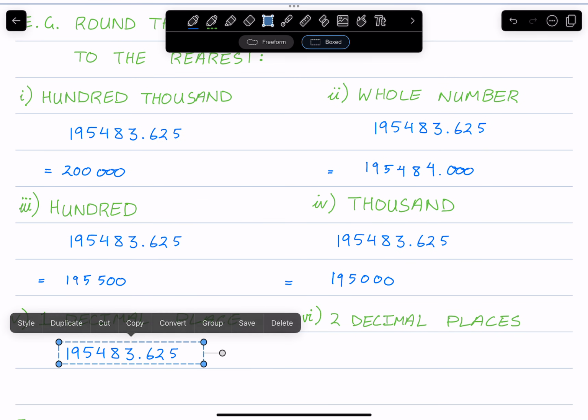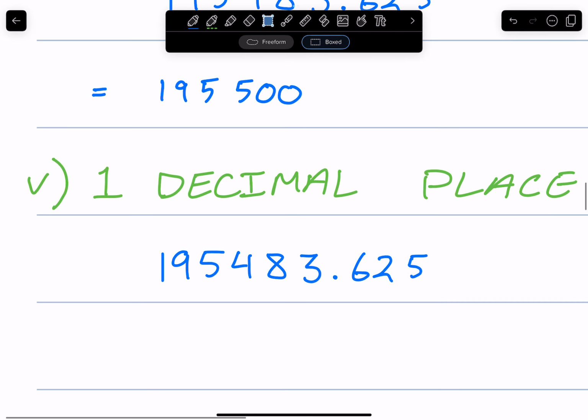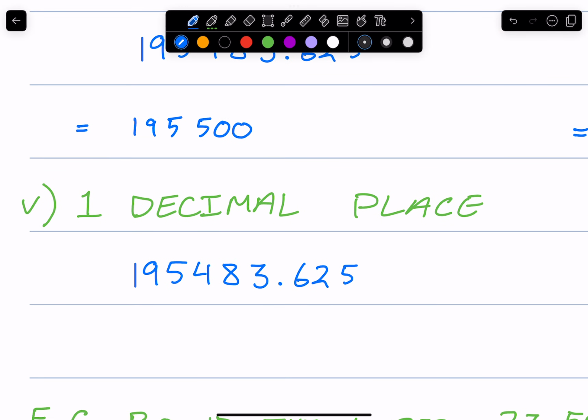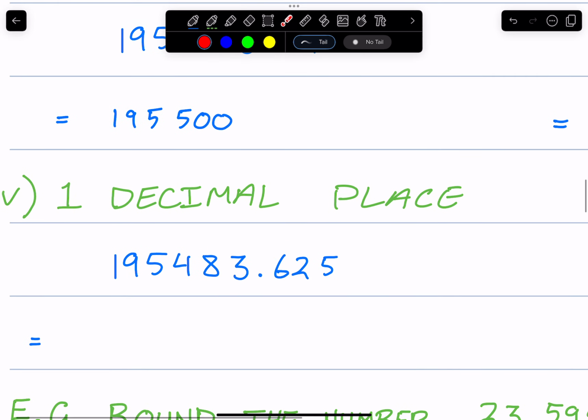Let's round the next number to the nearest 1 decimal place. So the first decimal place is this 6. And so the number to its right is the 2. The 2 decides if the 6 goes up or stays the same.